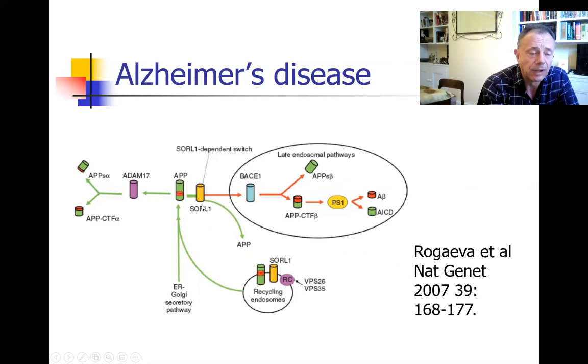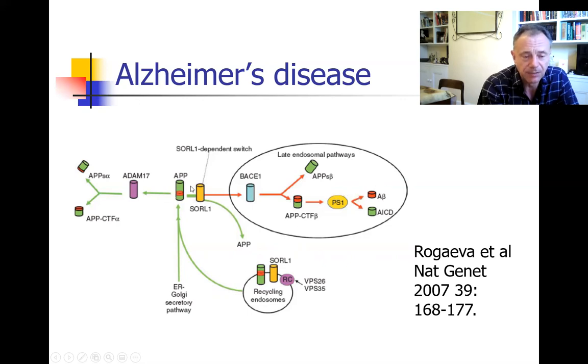The presenilins are involved here; basically the APP protein can be cleaved in different ways. Then SORL1 determines whether it goes into the BACE, an enzyme which cleaves APP. Sorry, the presenilins come into this bit. If you don't want to get Alzheimer's, what you don't want to get made is the A beta fragment.